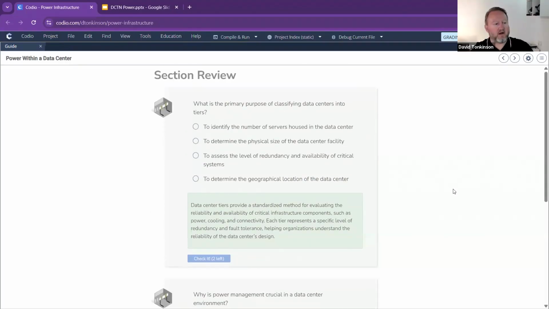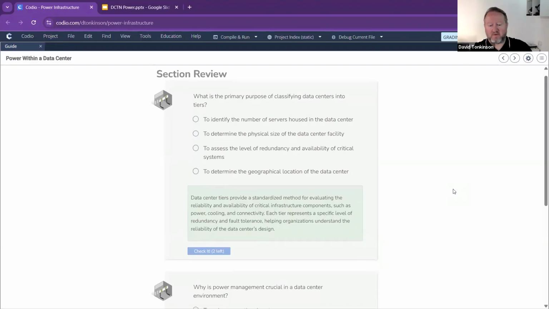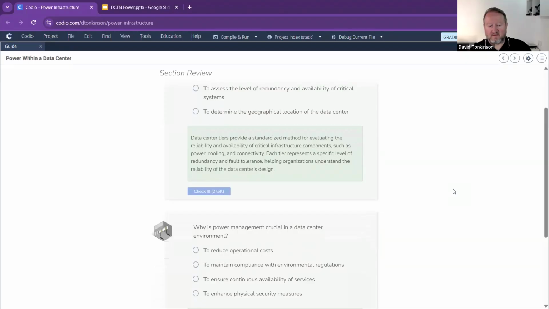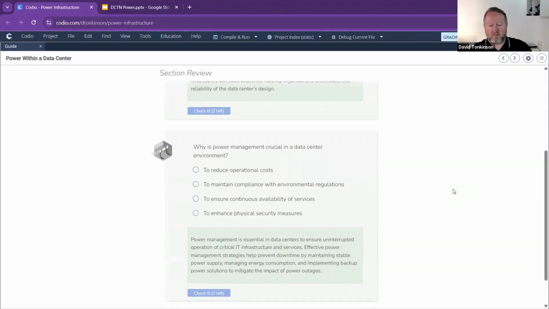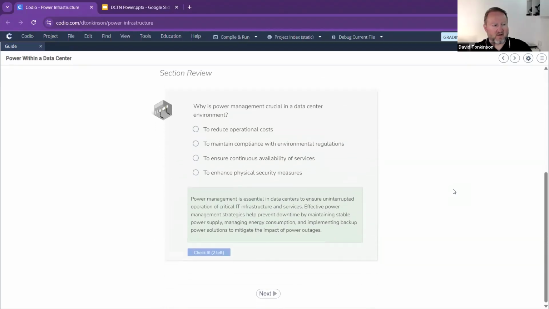Good. I understand you all can complete the section review if you're in Codio. So if you want to review those sections, tick the box and then show me a thumbs up when you've answered those, or if you have any questions.